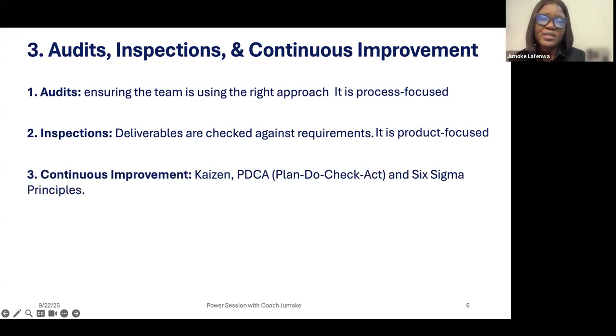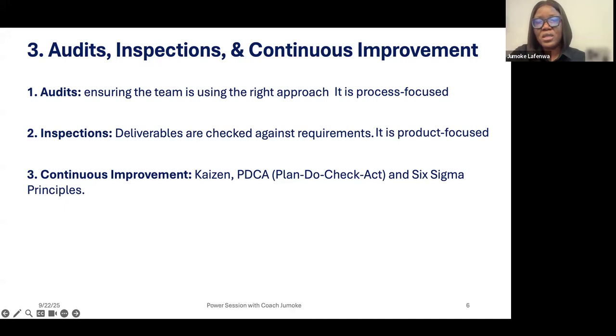And continuous improvement. Kaizen says change is good and do it in small portions. You have the PDCA that says plan, do what you plan, then check what you have done. If it is in line or it has delivered what you planned to achieve, then you can act by doing it bigger. If when you checked, it did not meet your desired end result, you go back to plan again, and then you do what you plan, then you check what you have done, and then you take action.